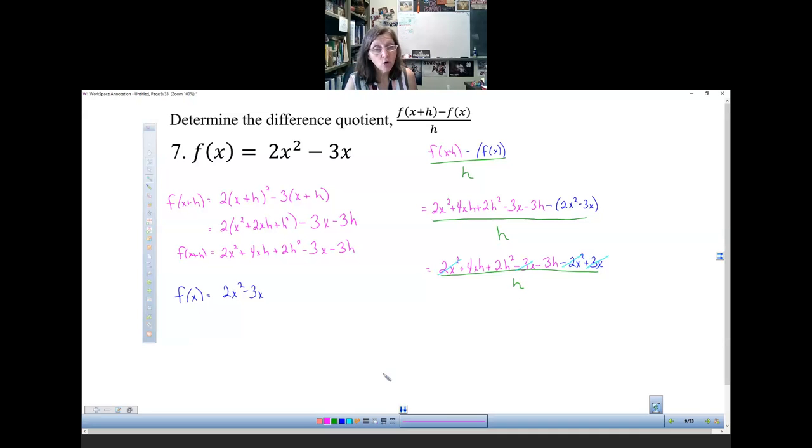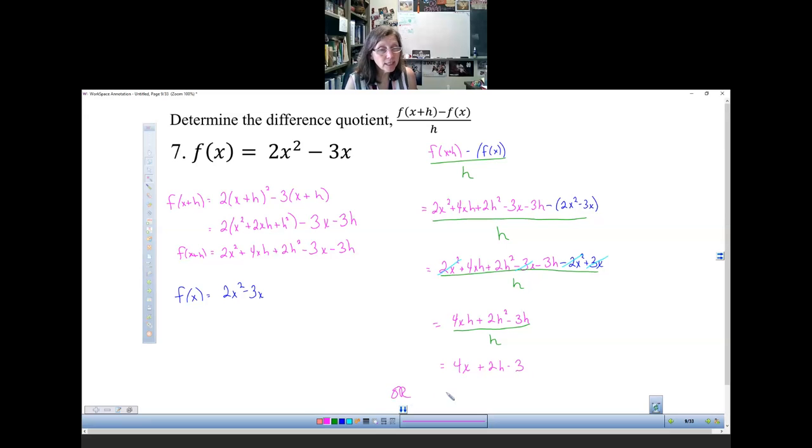Notice the only terms I'm left with in the numerator have an h in them. 4xh, 2h squared, minus 3h, all over h. And again, h will divide into each piece, and so I have 4x plus 2h minus 3.